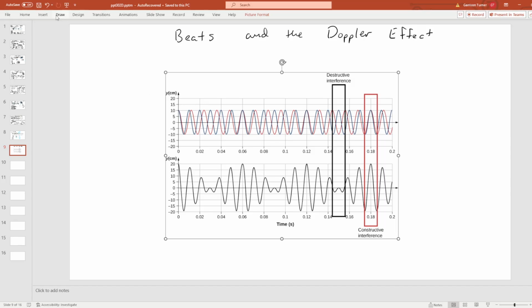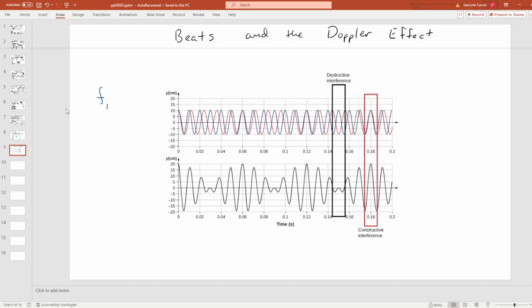So let's let the blue be frequency 1 and the red be frequency 2. The blue in the top picture is frequency 1 and the red is frequency 2.